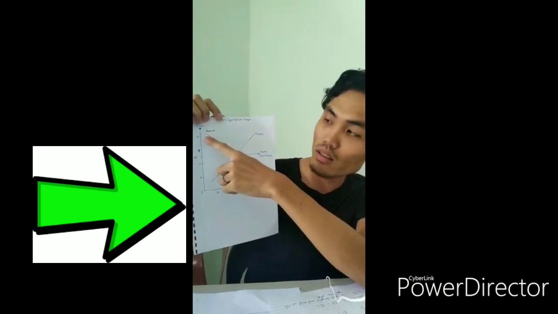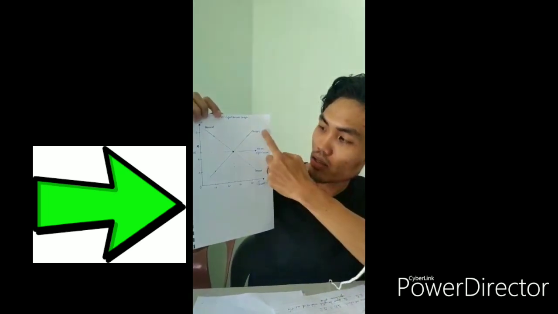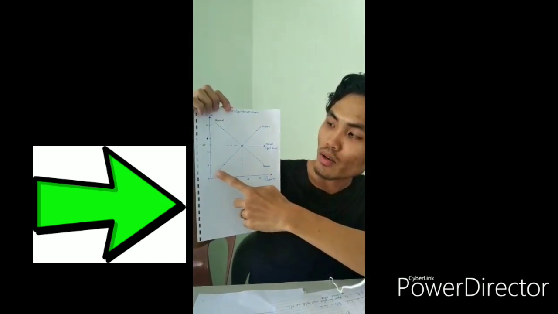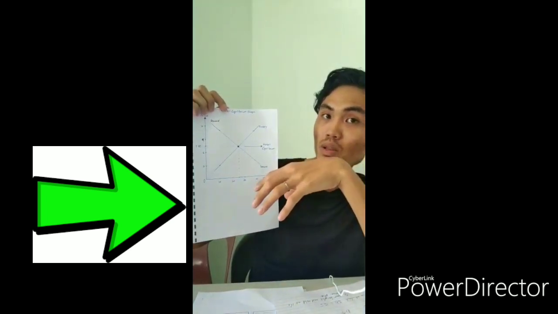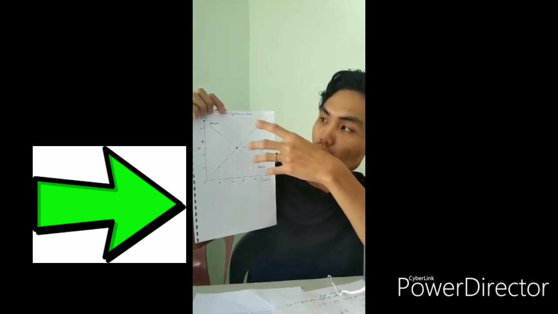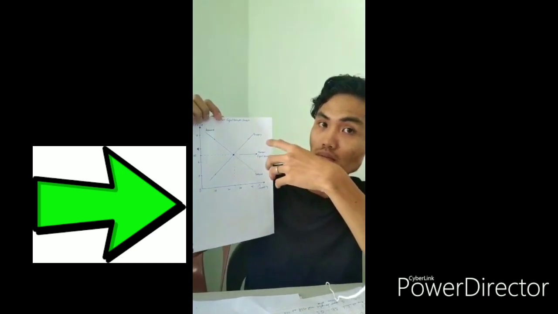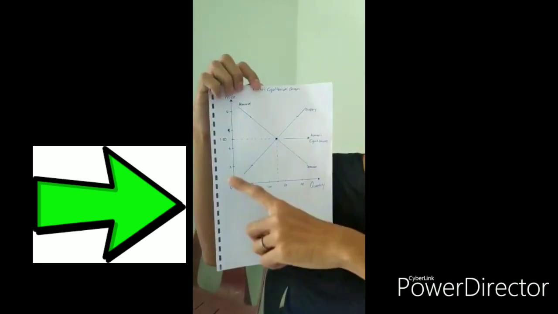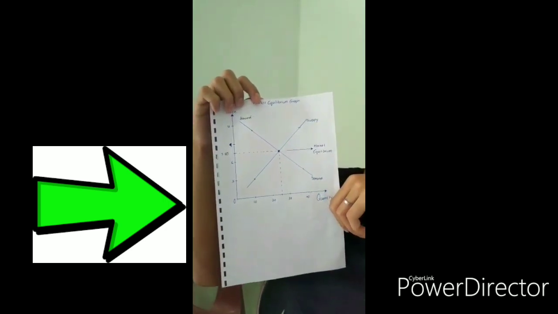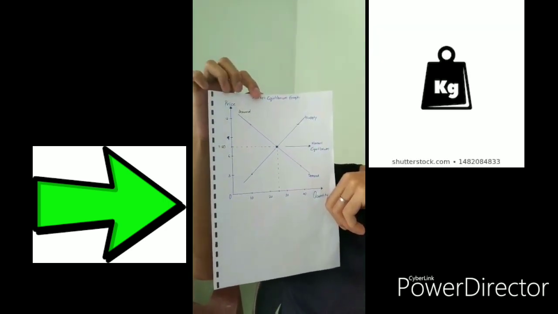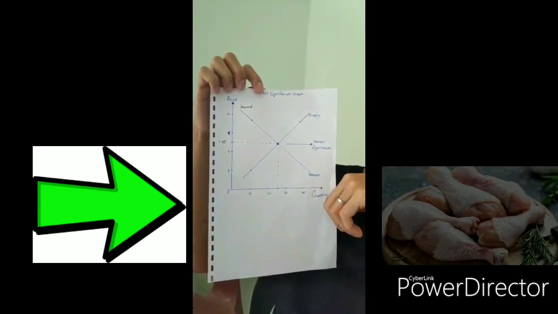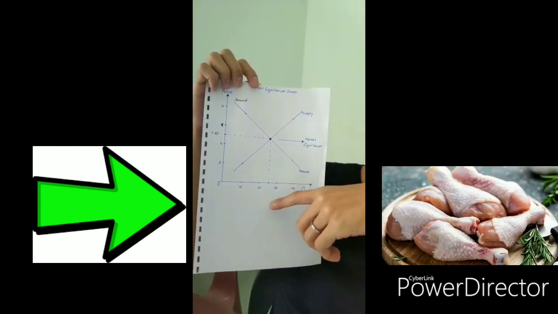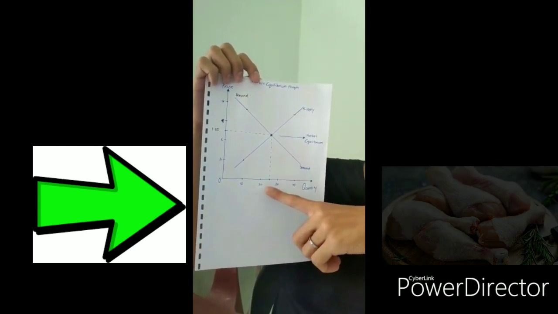As you all can see, this is the quantity demanded, and this one is the supply. So the intersection between both demand and supply is, for example, at a price of 7 ringgit and 50 cent per kilo for chicken, and the quantity is 25.